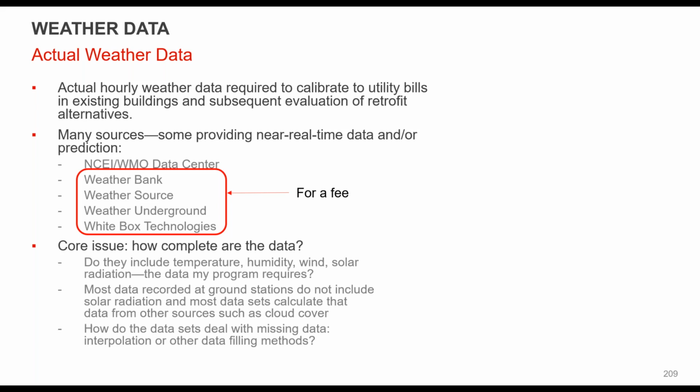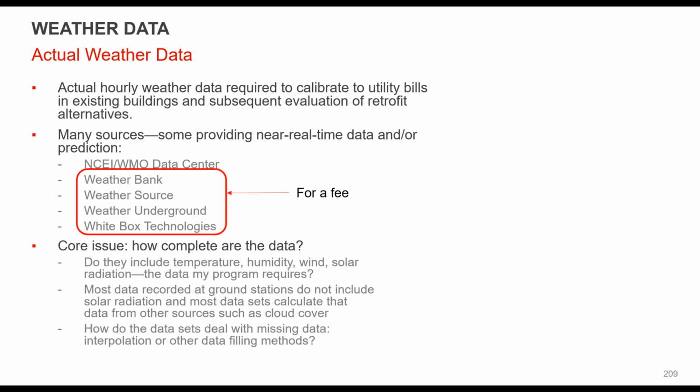But the issue for all of this is how complete are they? NCEI, for example, includes temperature, humidity, wind, but no solar radiation. So you either have to calculate or you have to find another source. A lot of the ground stations don't bother calculating that because the vast majority of ground stations are located at airports, and solar radiation is not what they need for aviation, and that's really the key thing there.